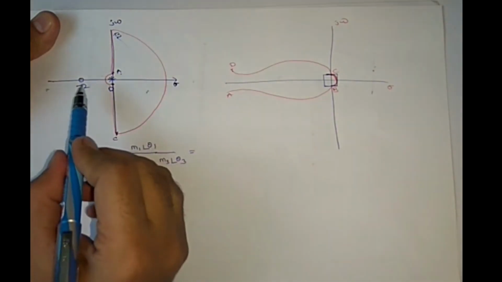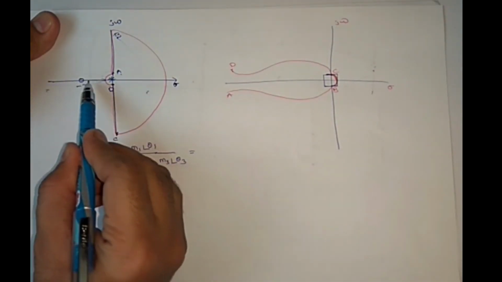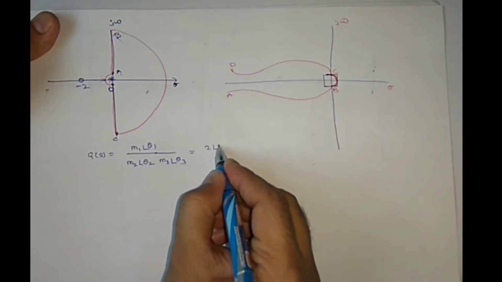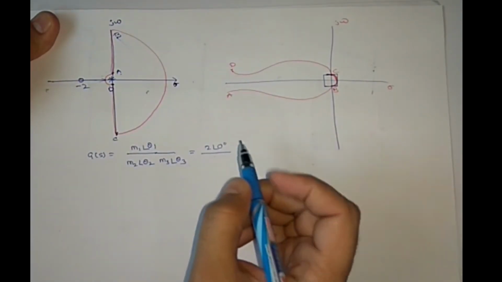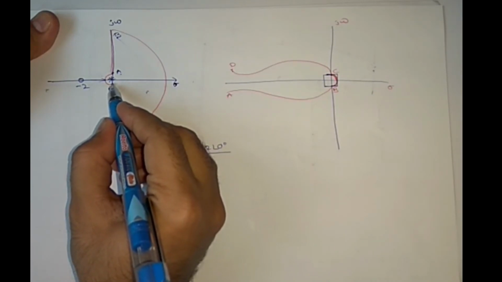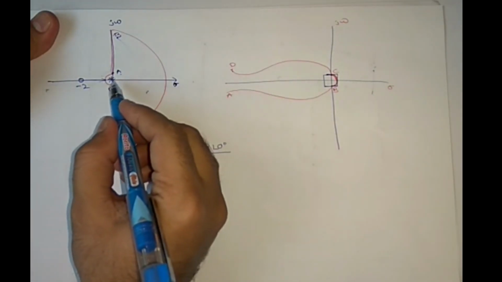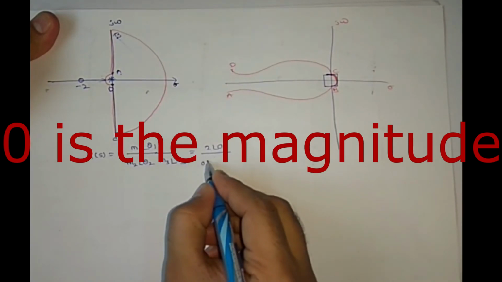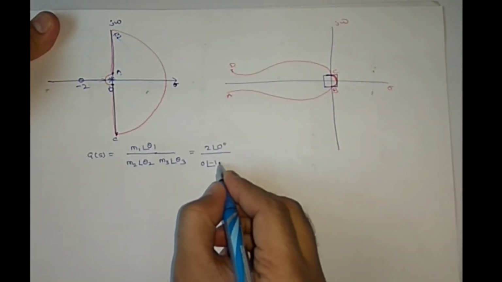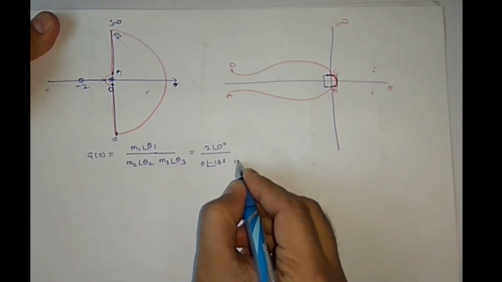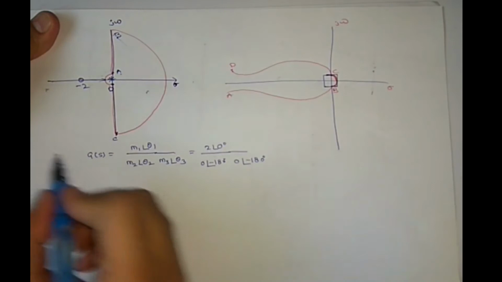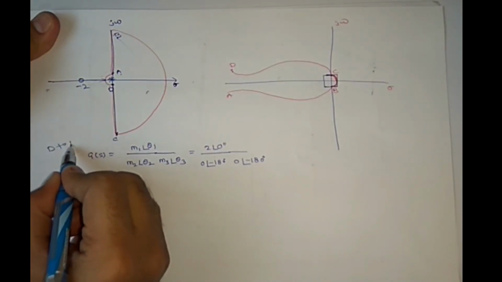So here, how much angle is this making? Magnitude is 2 and angle is 0 degrees. Now this pole is making a clockwise direction. So an angle in the clockwise direction means you will get minus 180 degrees, right? And 0 minus 180 degrees. Okay, I am drawing for D to A only.